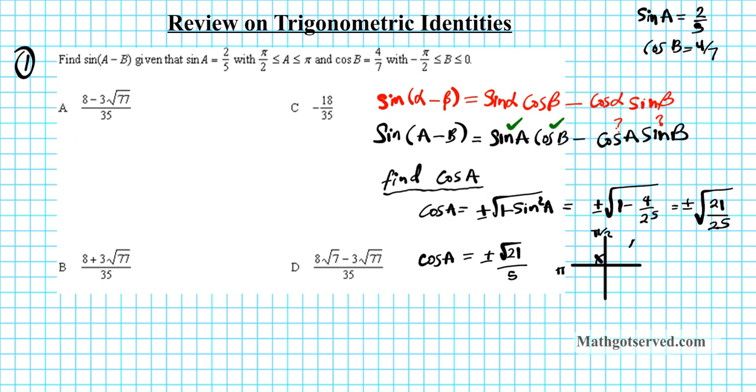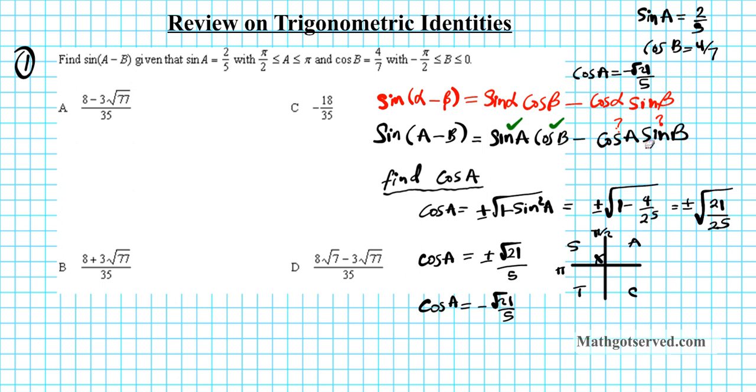And we remember that all students take calculus. This S means that only sine and its reciprocal cosecant are positive in this quadrant. So cosine is not positive, so it's going to be negative. So we can conclude that cosine A is negative root 21 over 5. Okay, let's put that up here. Cosine A equals negative root 21 over 5.